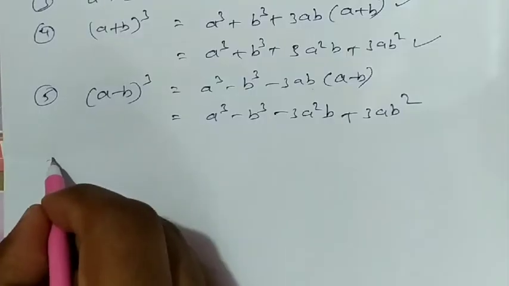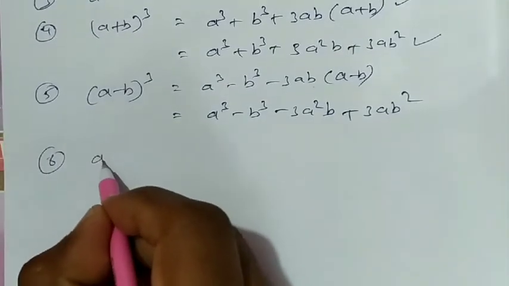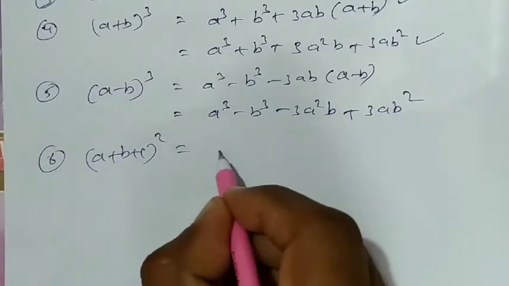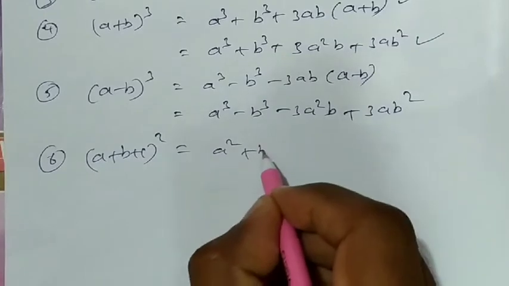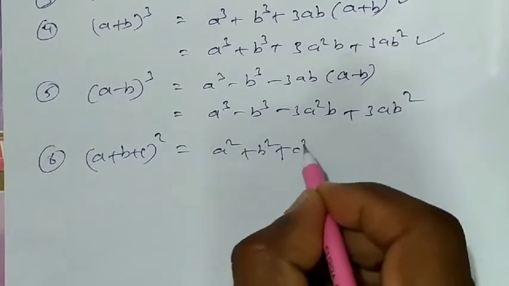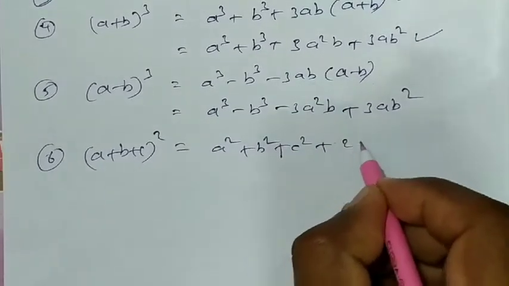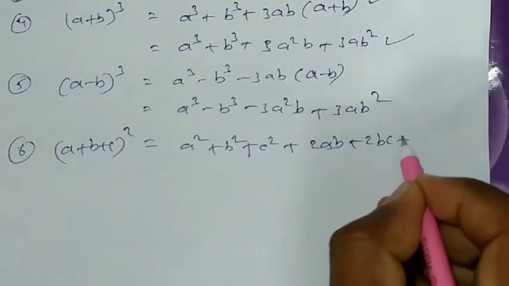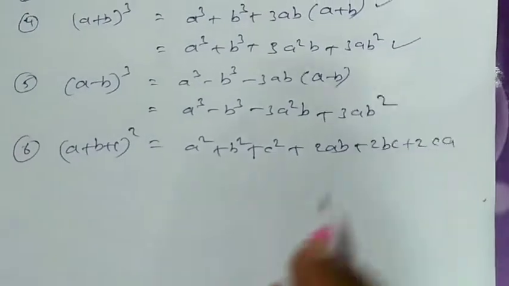Yes. Next, the sixth one, (a plus b plus c) whole square is equal to a square plus b square plus c square plus 2ab plus 2bc plus 2ca.